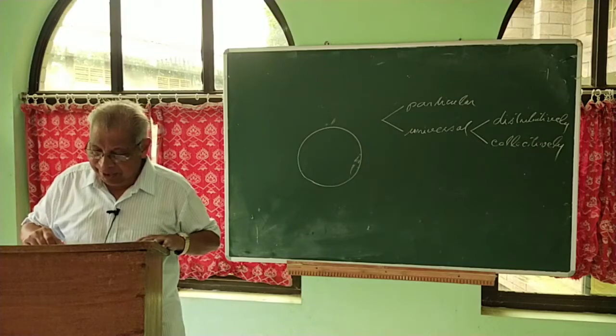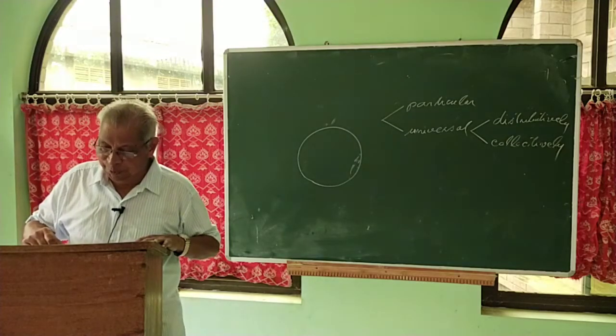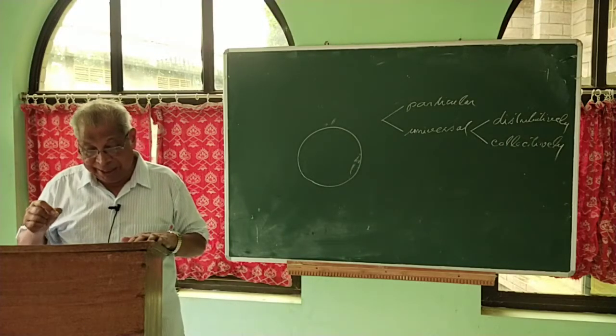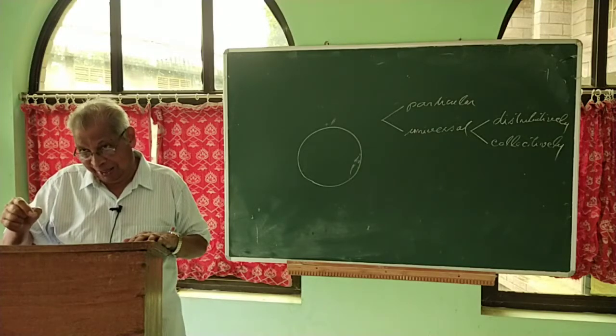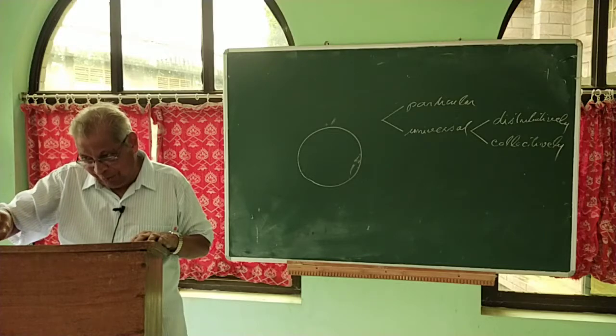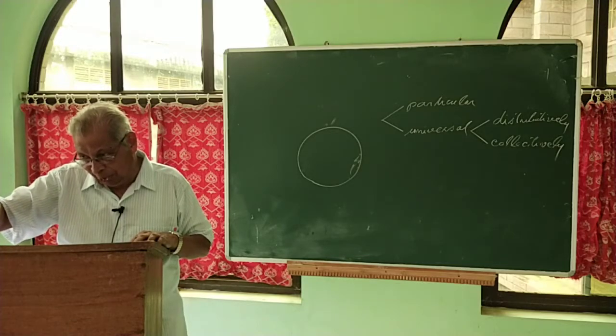The other one, in the distributive use of the universal term, what is predicated is true of each and every member of the class. So there it will be applied distributively to each member of the class.